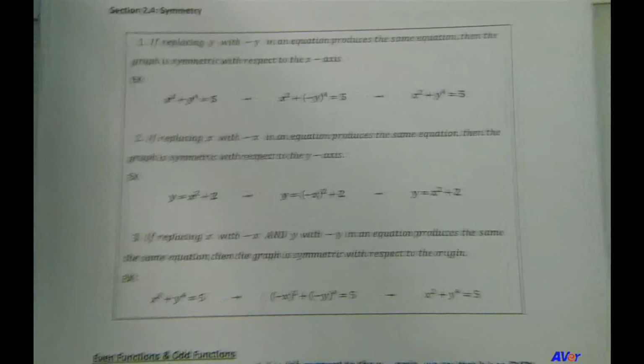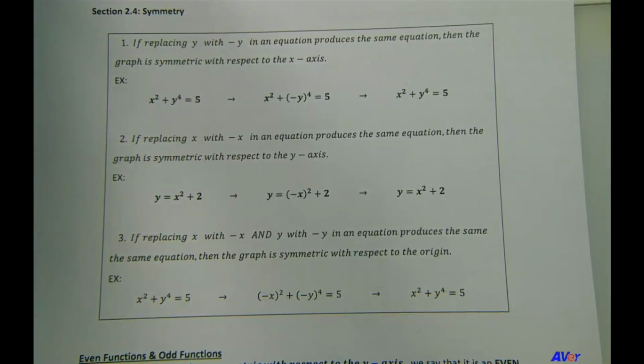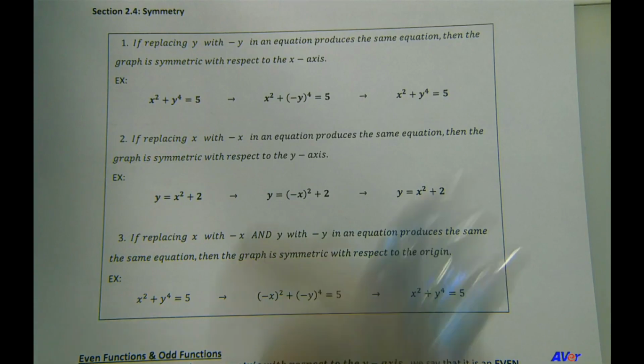Even though the symmetric nature of these graphs is graphical, numerically we can predict it. We don't have to graph them. There's a numeric way of finding out whether they're symmetric with respect to the origin, the y-axis, or the x-axis. Here's a brief description of that.